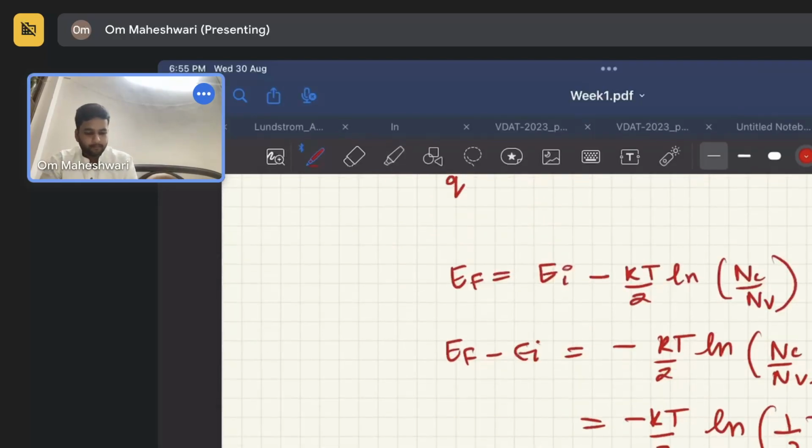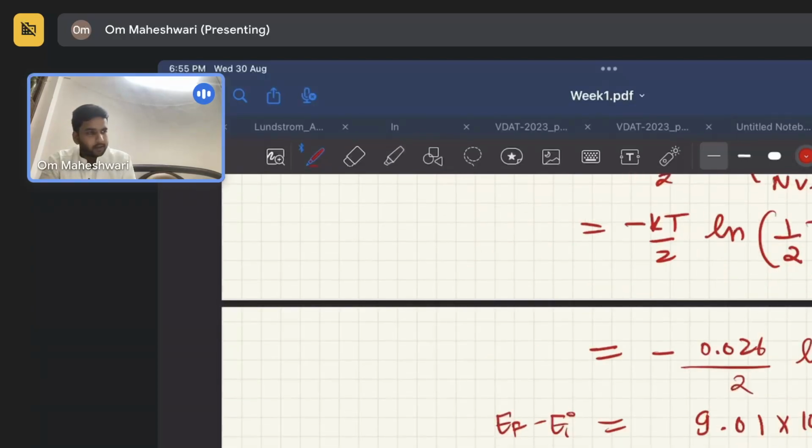On solving, it will be minus 0.026 upon 2 ln 1 by 2. It will be 9.01 into 10 to the power minus 3. EF minus EI will be 9.01 milli electron volts. This is EF minus EI.